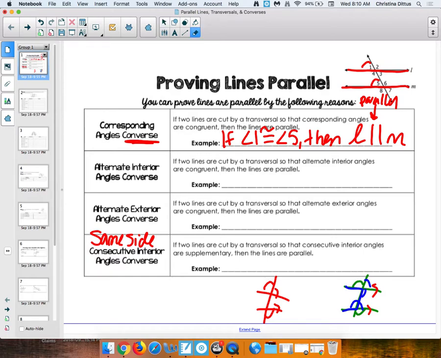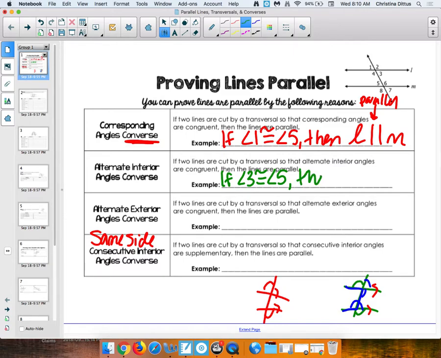Name me a pair of alternate interior angles on this pretty picture. 3 and 5. So we can say if angle 3 is congruent to angle 5, alternate interior congruent, right? Then again, our two lines are parallel.